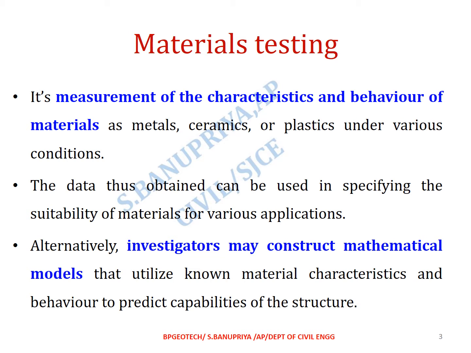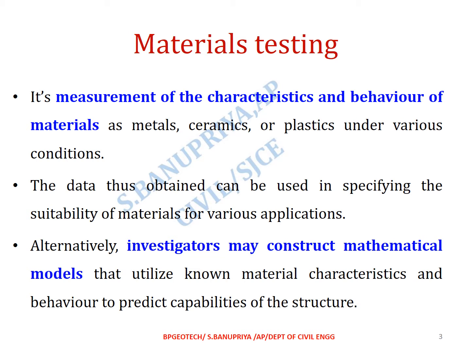Because any material holds certain properties like mechanical property, electrical property, optical, magnetic property, etc. So in order to define those properties, we have to test the particular material. This is the main purpose of testing engineering materials.